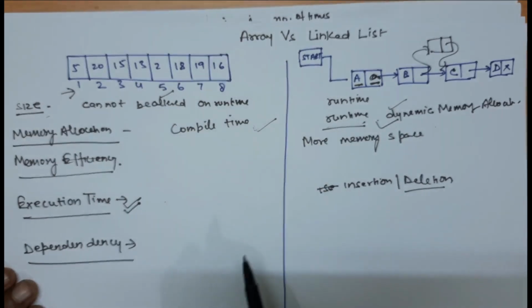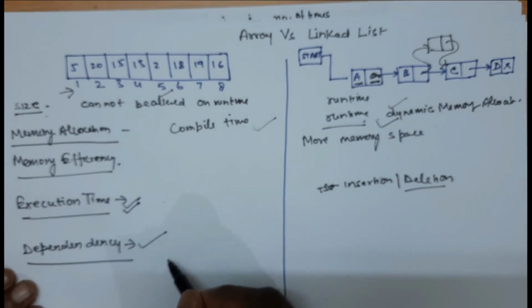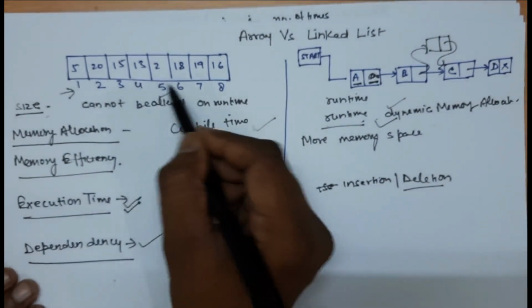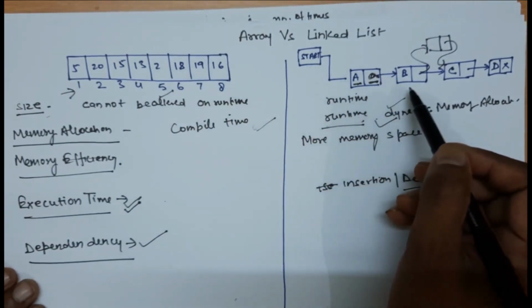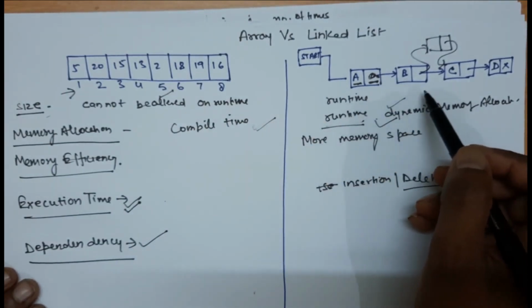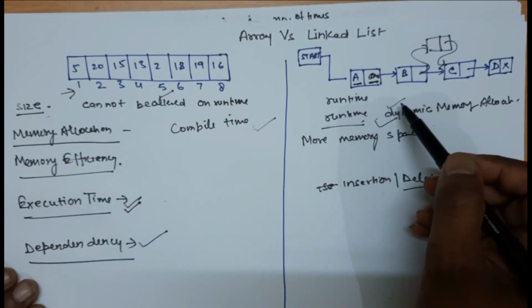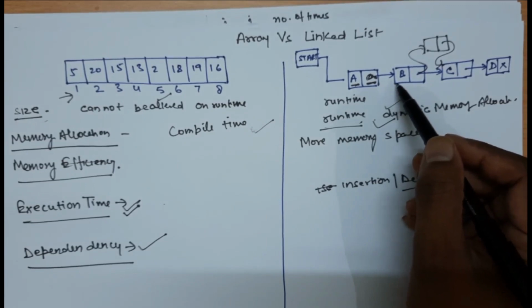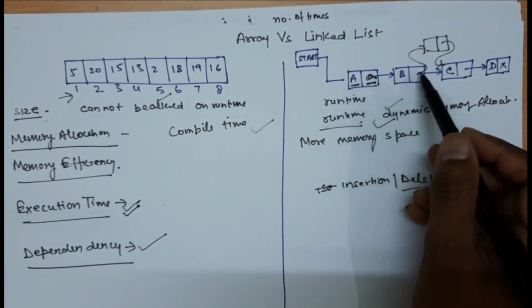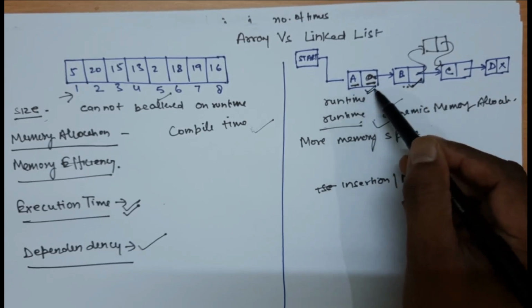Next, dependency. In an array, values are independent of each other, but in the case of the linked list, nodes are dependent on each other. We can see here that one node is dependent on its previous nodes.